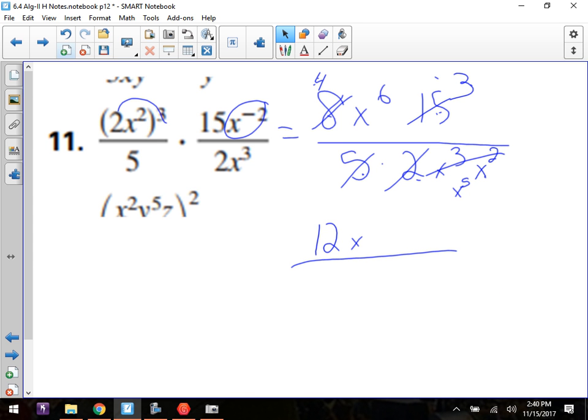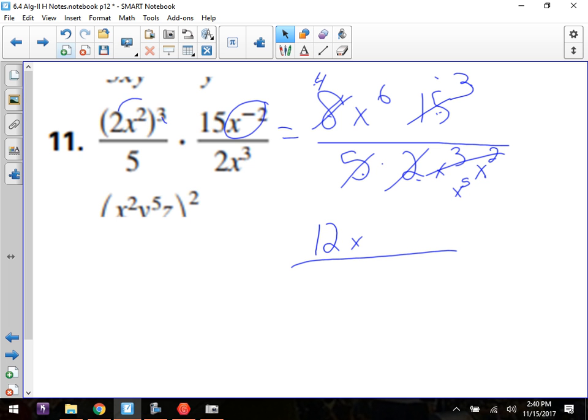What part did you get lost on? X to the 6th came from x squared cubed. That's power to power, you multiply. X to the 6th, this over here was x to the 5th. 6 is bigger than 5, so 6 minus 5 is 1. You remember you played war?